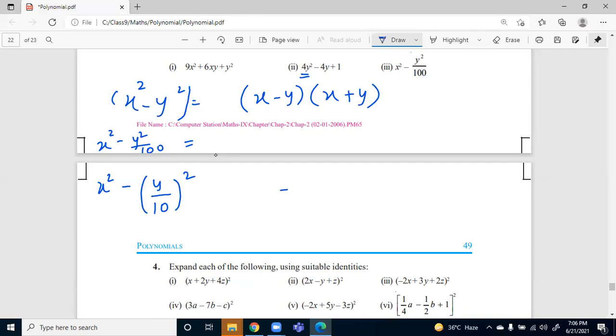If I square it, I get y square upon 100. So now I have x and I have y. How can I do the factorization? I can write one factor as x minus y by 10, and another as x plus y by 10.